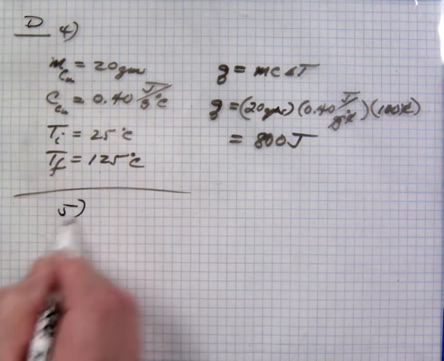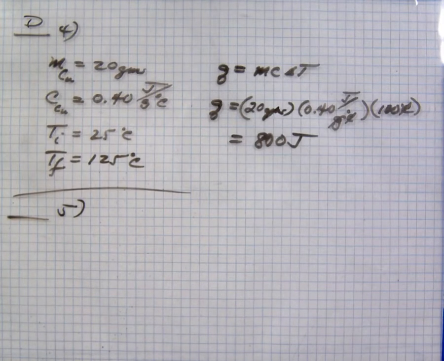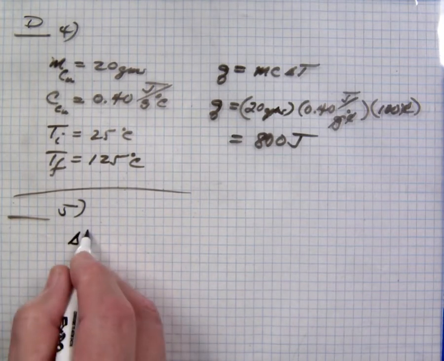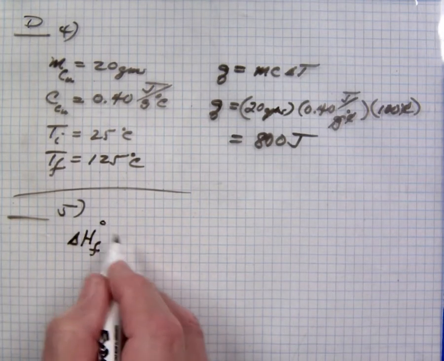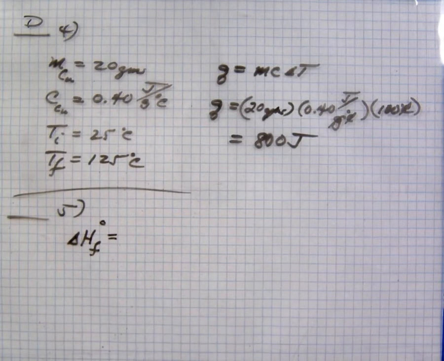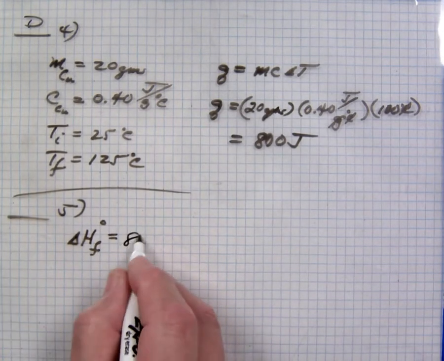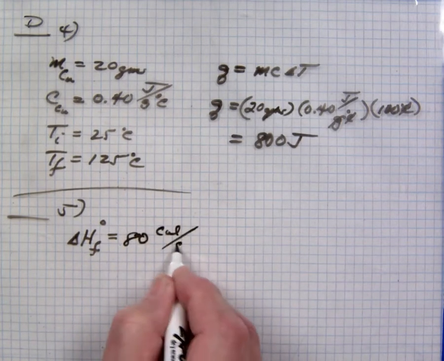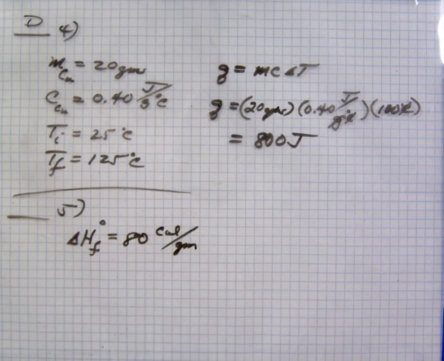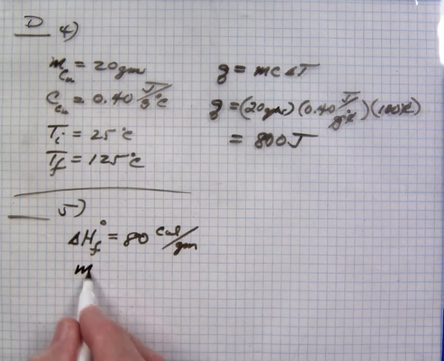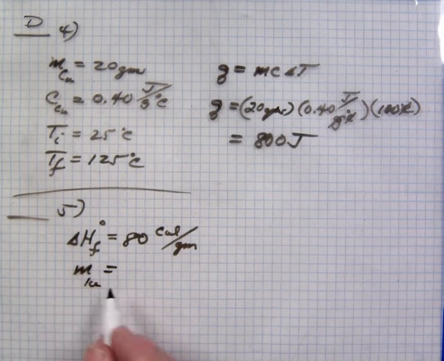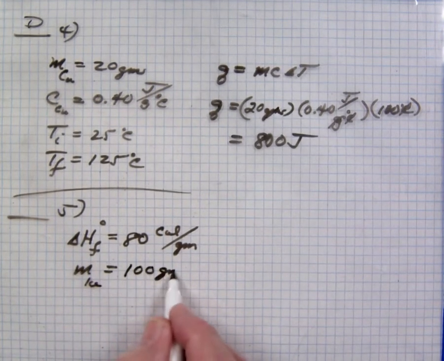Okay, number 5 has to do with the heat of fusion of ice, delta HF, heat of fusion. Heat of vaporization is the evaporation kind of term. So 80 calories per gram, and the question is how much energy to melt a mass of ice, 100 grams.